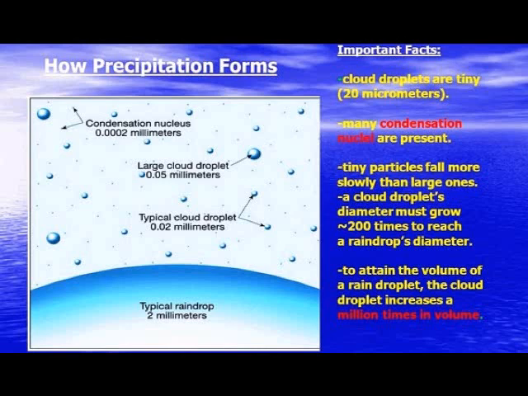So we're talking very, very tiny nuclei, which is cosmic radiation, can cause cloud nuclei. And as we go further down, to attain the volume of a rain droplet, the cloud droplet increases to around a couple of millimeters. They can also grow as they come further and further down by collision simply.